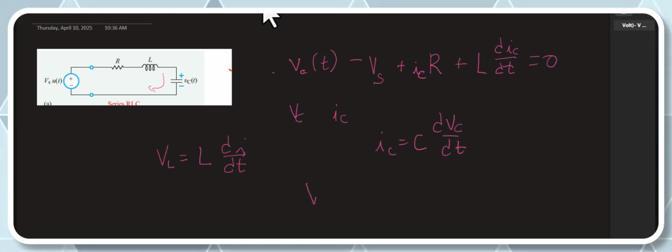So I can then write this as VC, and I'm just going to not put of t. We know that VC now is a function. VC minus Vs, I'll take the Vs to the other side.